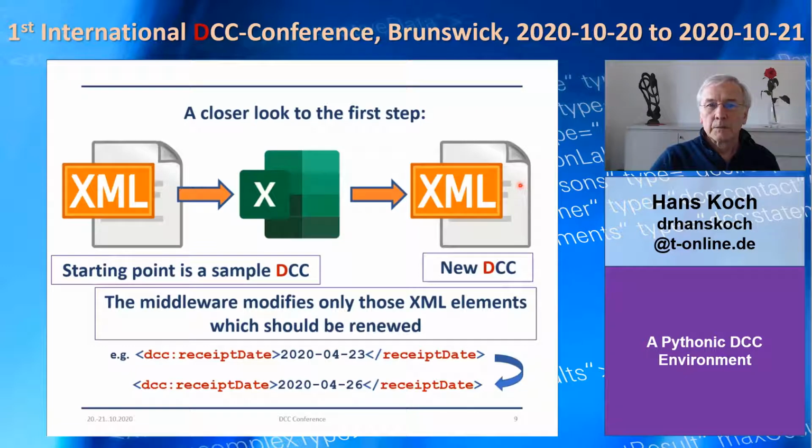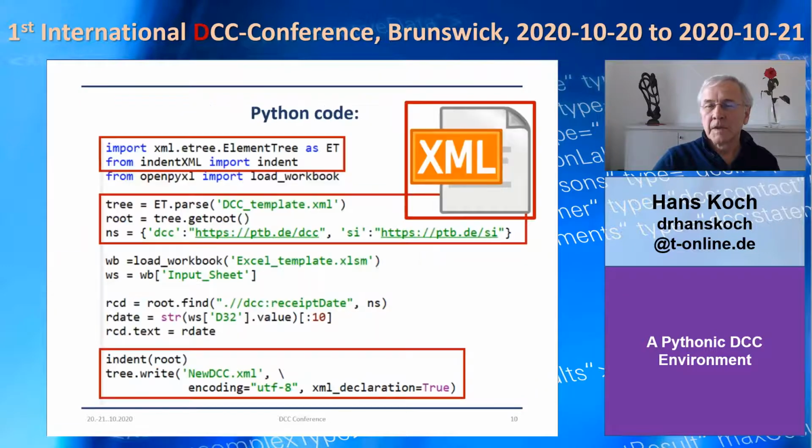The middleware modifies only those XML elements which should be renewed. For instance, in the old file, you have the receipt date, 23rd of April, and in the new file, it should be an updated date, 26th of April 2020.